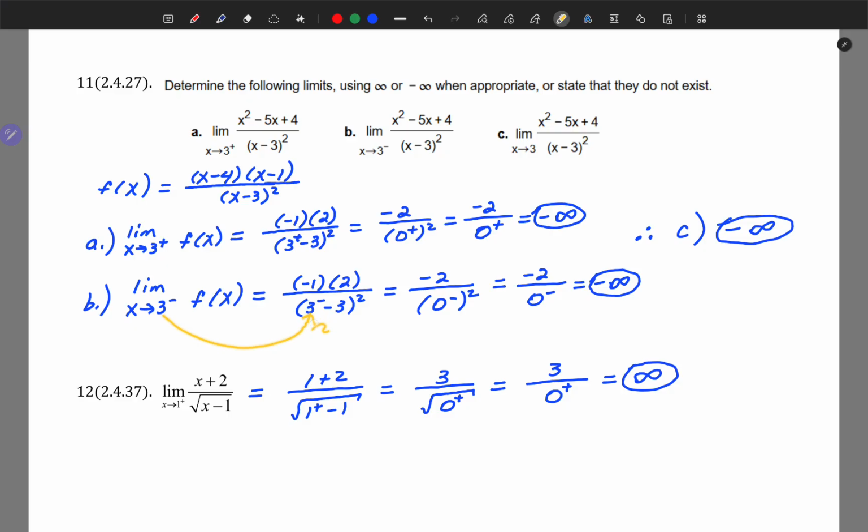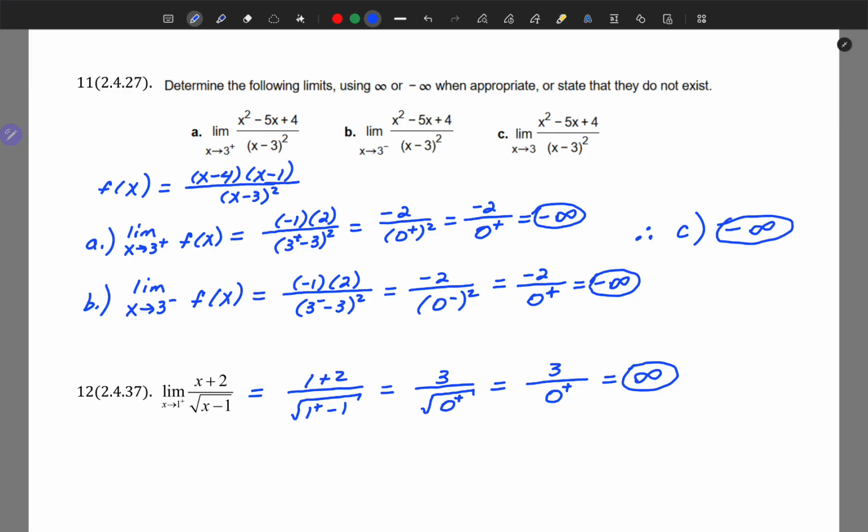Now, technically, that's going to give you an infinitesimally small negative number inside of that group, but since you're squaring that, it doesn't matter that it's an infinitesimally small negative, because when you square a negative number, you're going to get a positive value. And ooh, I need to fix my answer there. I have a negative. So this is going to be an infinitesimally small positive value there. And that's why my answer is the same.